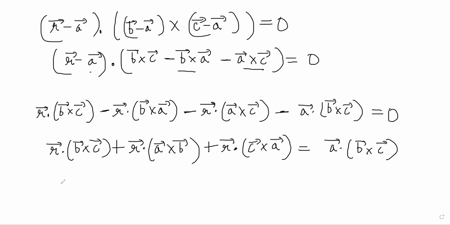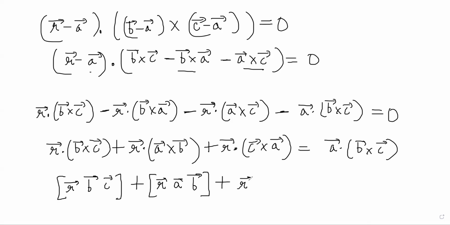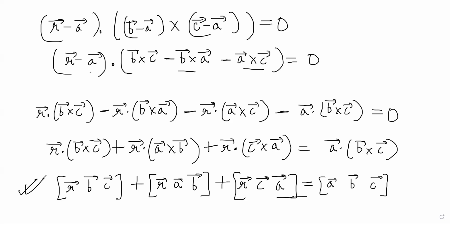So the vector equation is coming like this: box product of RBC plus box product of RAB plus box product of RCA is equal to the box product of ABC. This equation becomes the equation of a plane passing through three non-collinear points with position vectors A, B, and C.